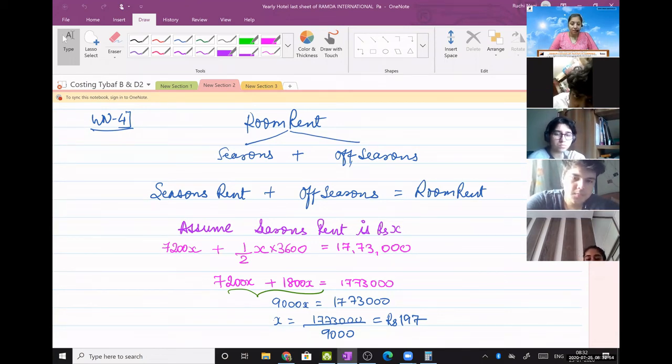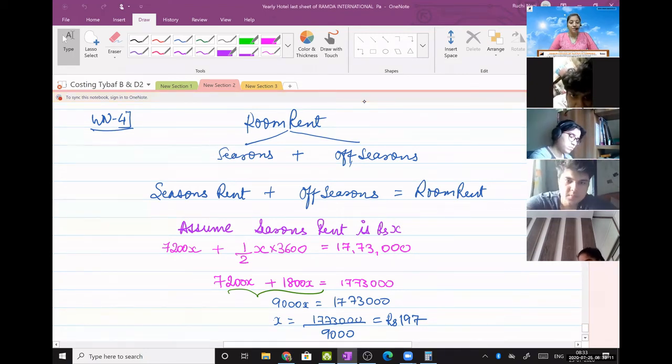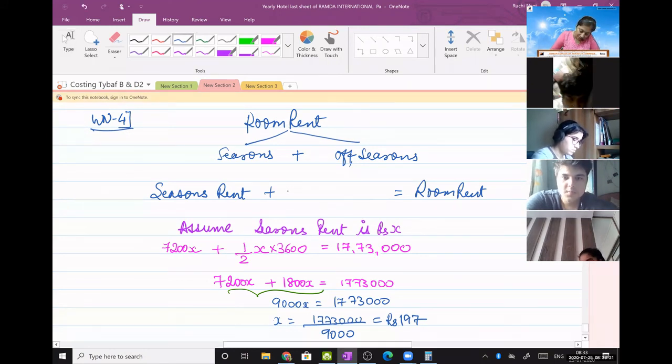Do note down the points which I have written. Room rent, season's plus off season's. So season's rent plus off season's rent is equal to room rent.